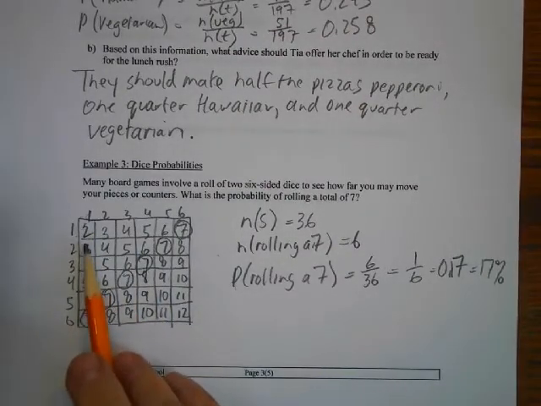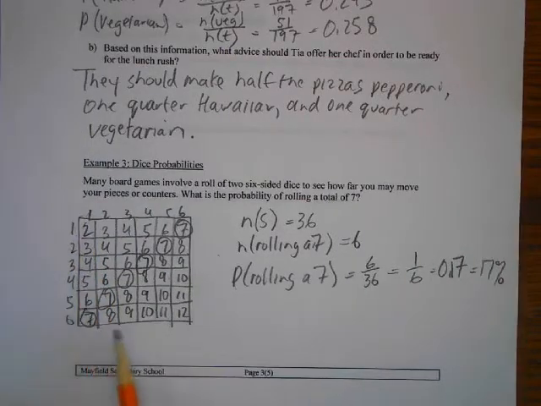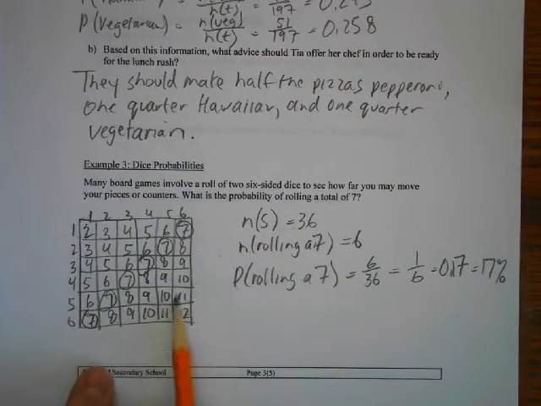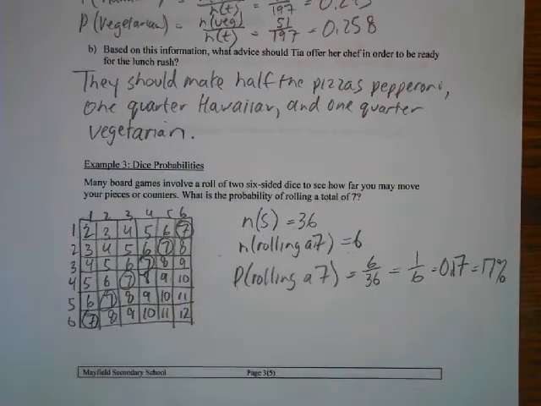Okay. Now, one thing you could also look at: you notice there's no 1. You can't possibly roll a 1 with two dice, and the highest you can get is a 12. So if somebody asks you, what's the probability of rolling a 13? You might know intuitively that you can't, but you would see how many times 13 appears. It's 0. So it'd be 0 over 36, which is 0.